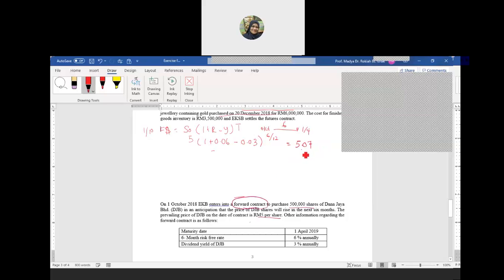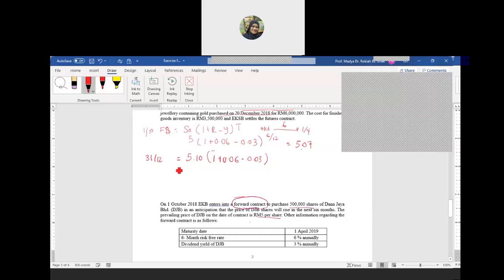The next one on 31st December. Again, you need to calculate the forward price. So the price during that time is 5 ringgit and 10. Again, the same thing: 1 plus 0.06 minus 0.03.